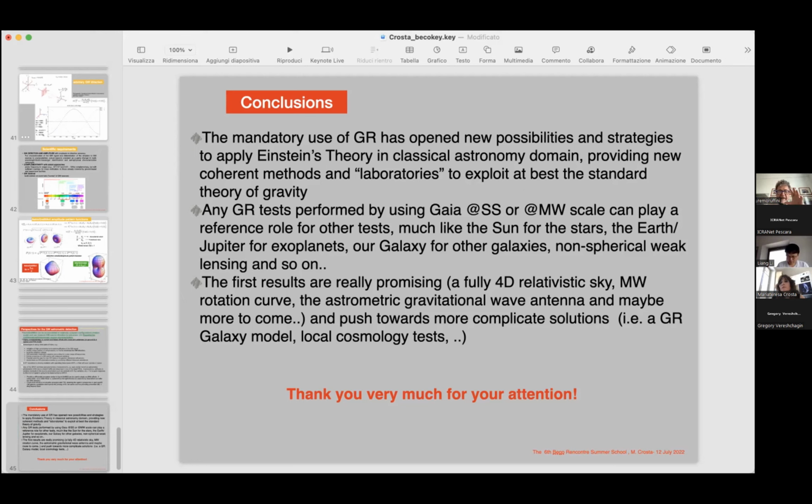There is a fight going on about the galactic center. We have an idea that dark matter and not a black hole may be at the galactic center, as you know. And this dialogue keeps going.